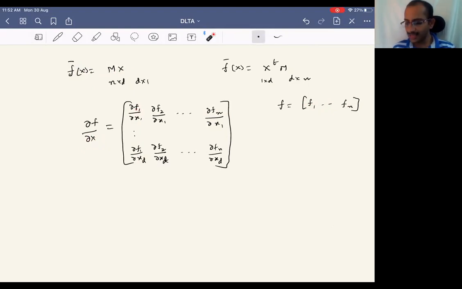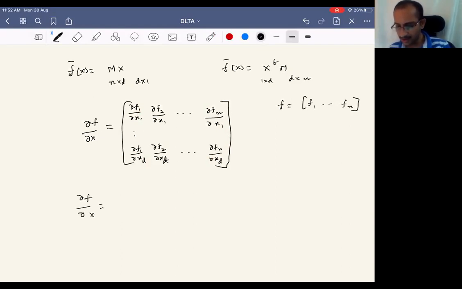With each component, what is its change? I'm assimilating the rate of change of each component versus each element of the vector, and I have put that as a matrix.